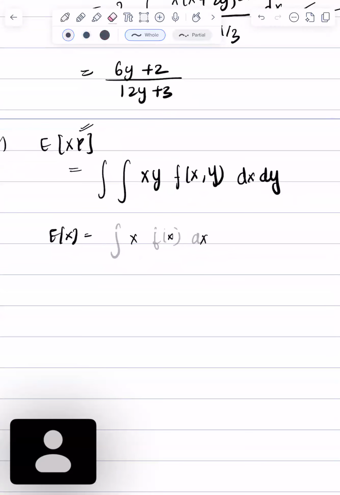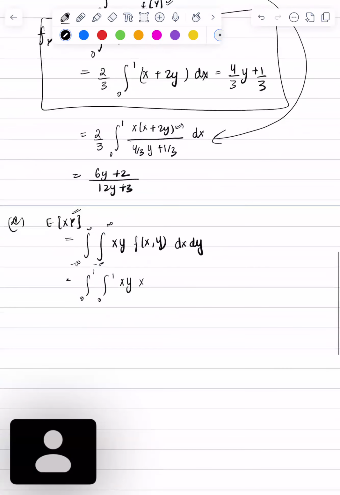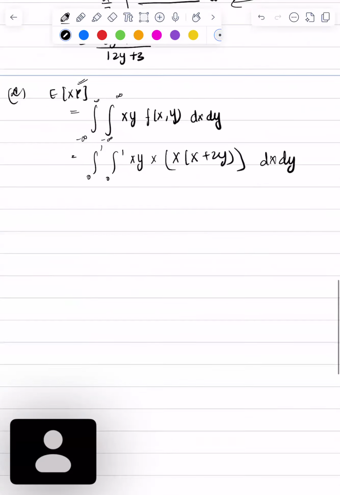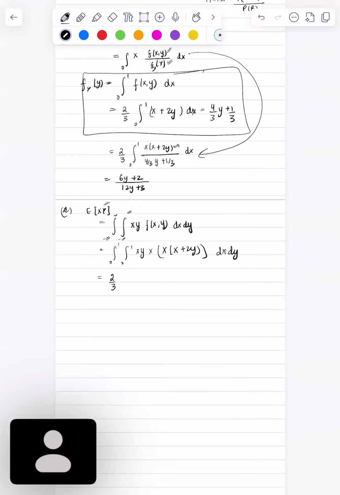Then the bounds typically go from negative infinity to positive infinity. But here we know that our x and y are bounded by 0 to 1. So we go from 0 to 1. Then we just plug in every value. What's the value of x? We take out 2 over 3 here.